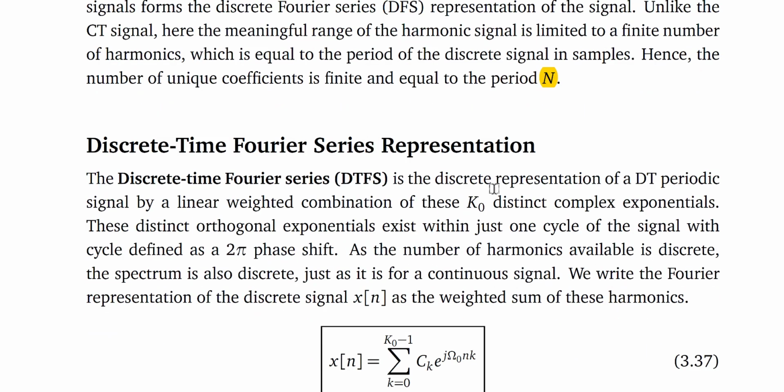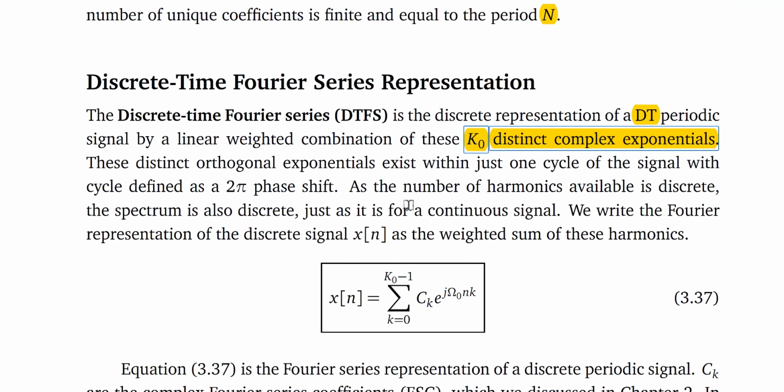So a discrete time Fourier series is a discrete representation of a discrete time periodic signal by a linear weighted combination of these N0 distinct complex exponentials. And N0 is the number of samples in the period.